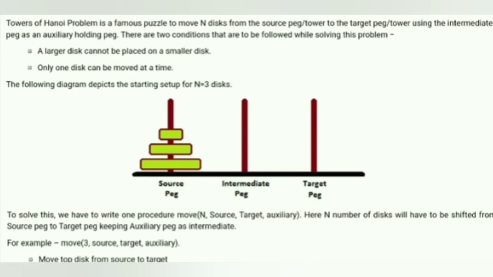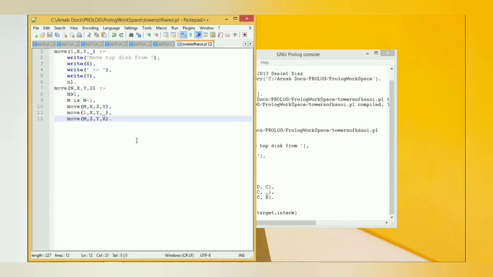So here the code is: move top disk from right X, that is from the source, to right Y, that is to the target. NL means the new line, so the next line will get printed from a fresh line. Okay, so that is my move whenever we have a single disk to move.